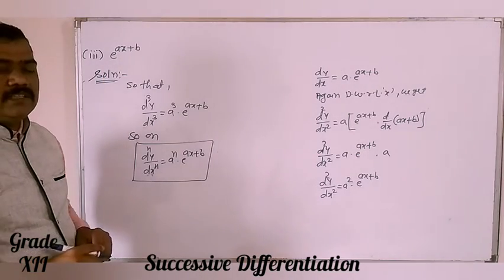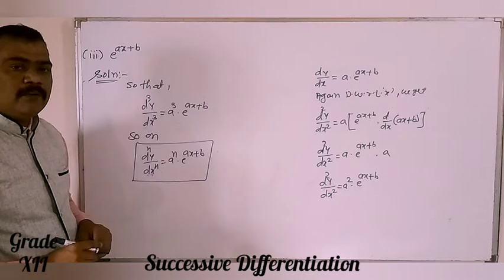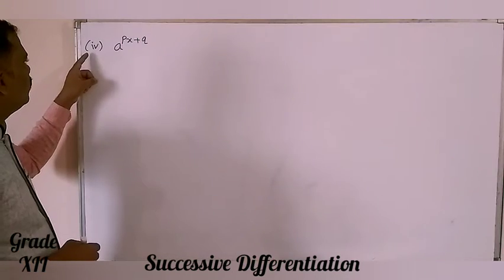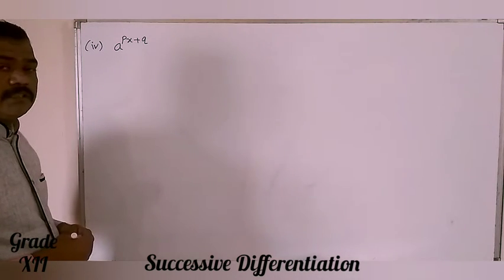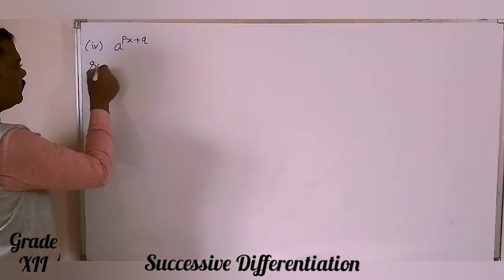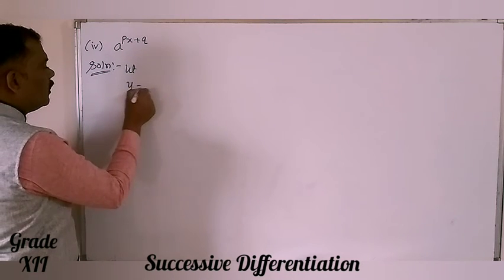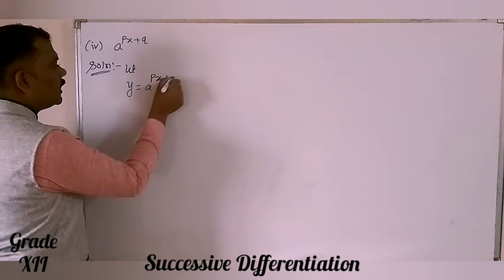After that we discuss example number 4. What is example number 4? See here: a raised to px plus q. Solution. Let y is equal to a raised to px plus q.